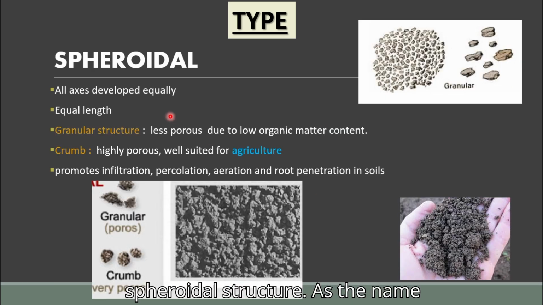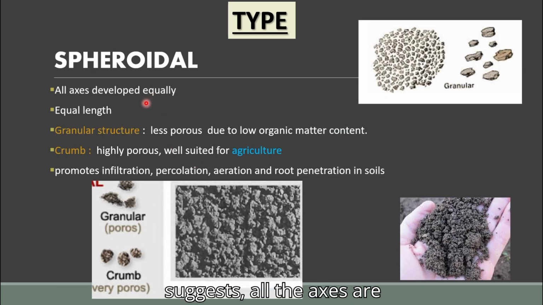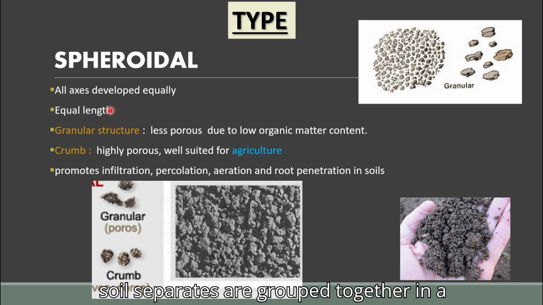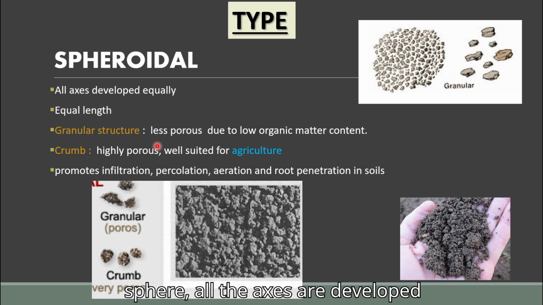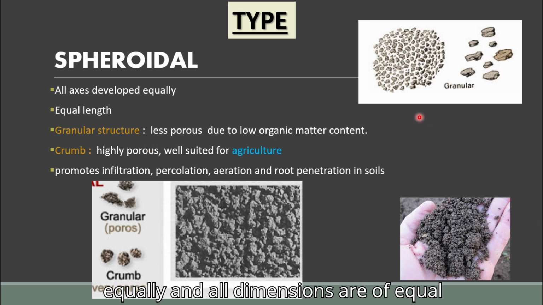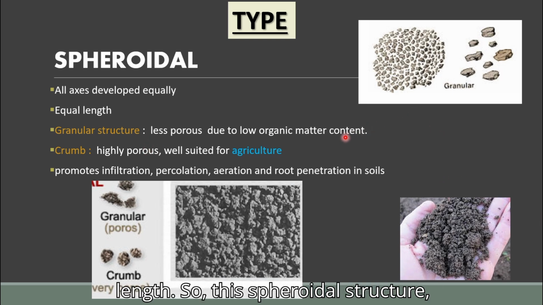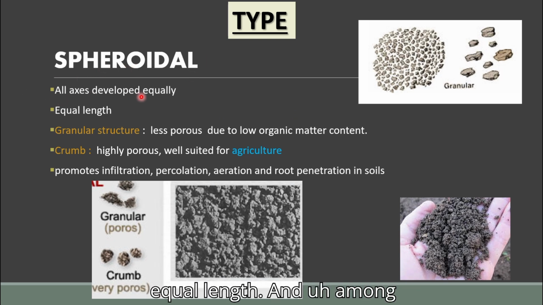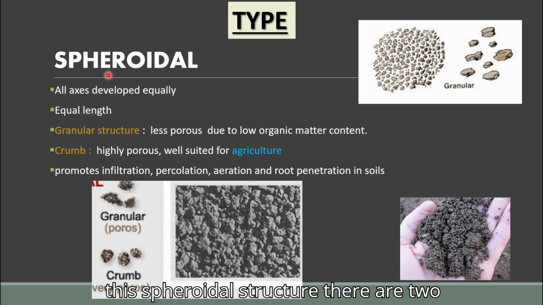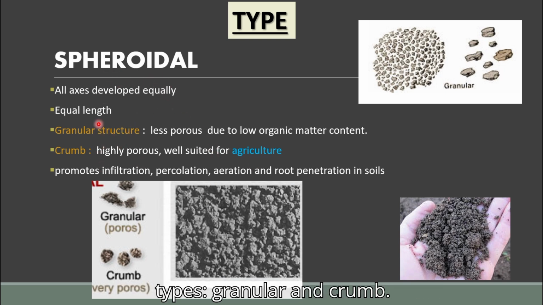Next one is spheroidal structure. As the name suggests, all the axes are developed equally, meaning all the soil separates are grouped together in a small spherical structure. For a sphere, all the axes are developed equally and all dimensions are of equal length. Among spheroidal structure, there are two types, granular and crumb.